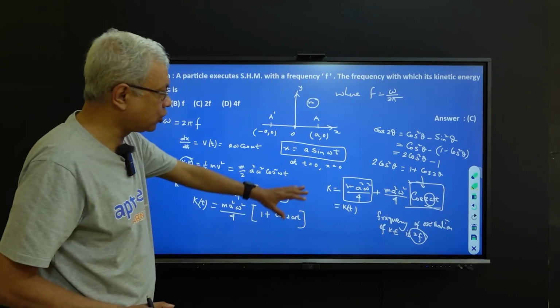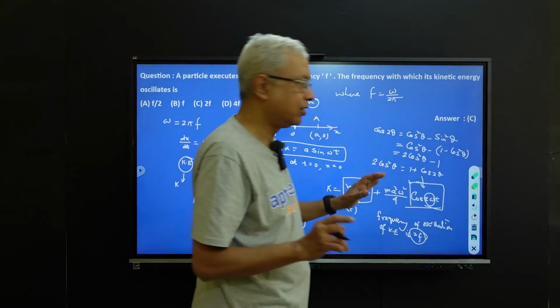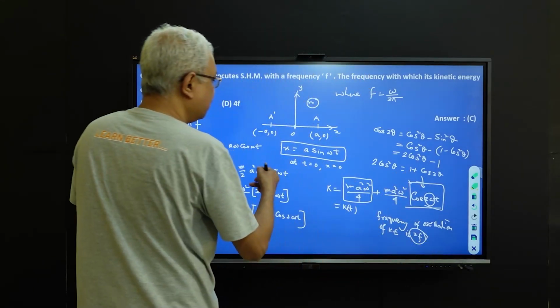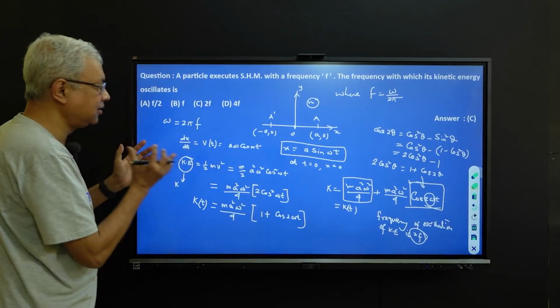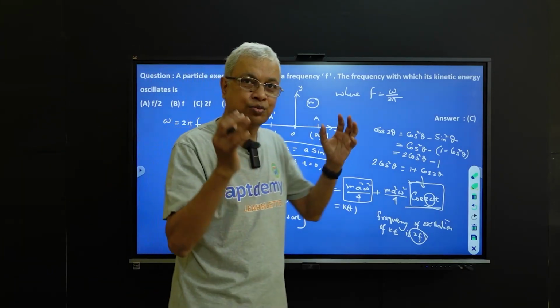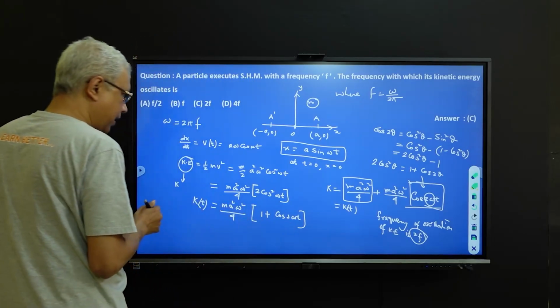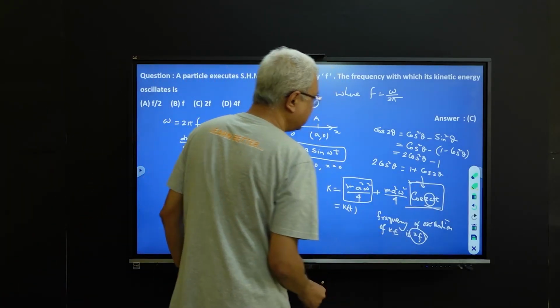You can plot k versus t graph and you can see that it fluctuates with frequency 2f. So kinetic energy of the particle is a function of time and it oscillates with frequency 2f.